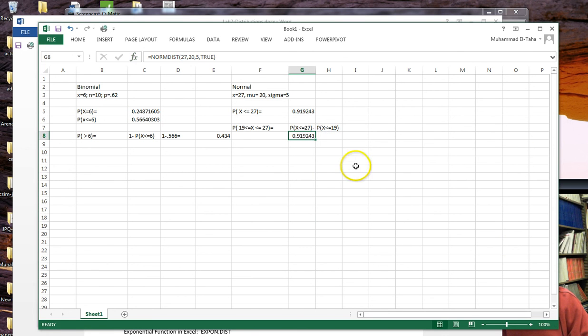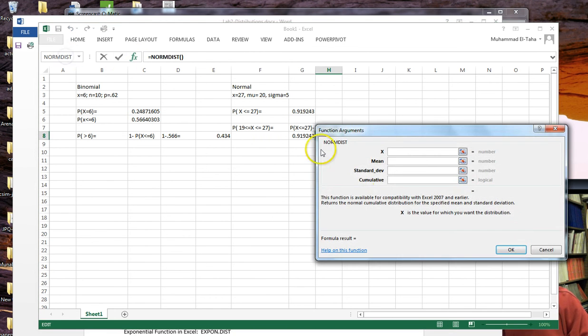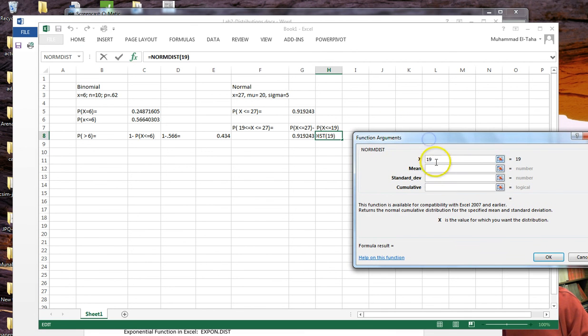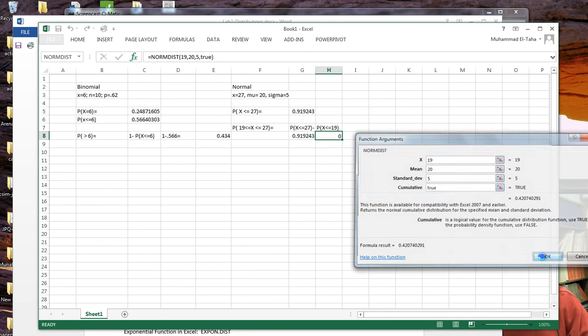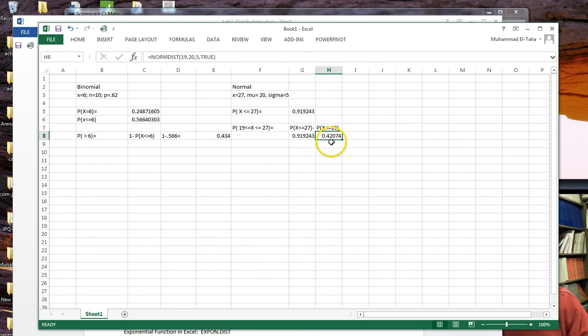And okay, and I also want this value here, P of x less or equal to 19 now. So I go up there, equal, and x now is 19, the mean is 20, the standard deviation is 5, and this is TRUE. And I got another value here which is 0.42.